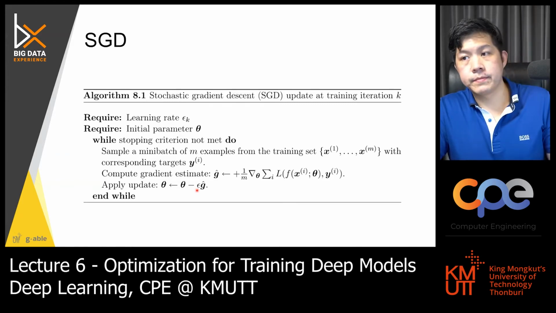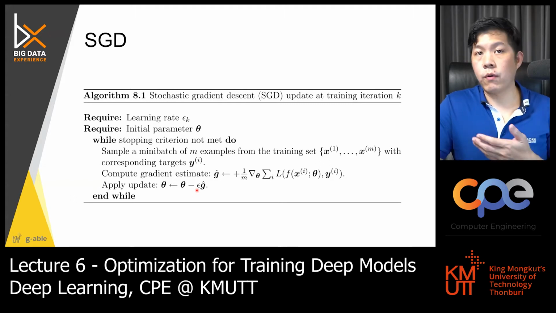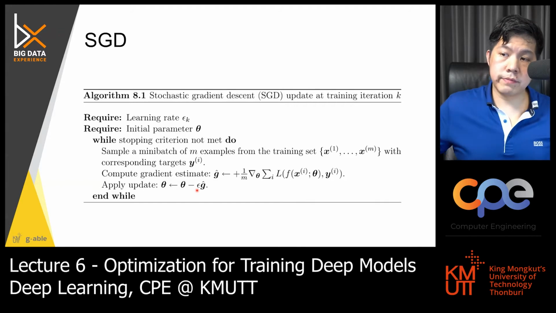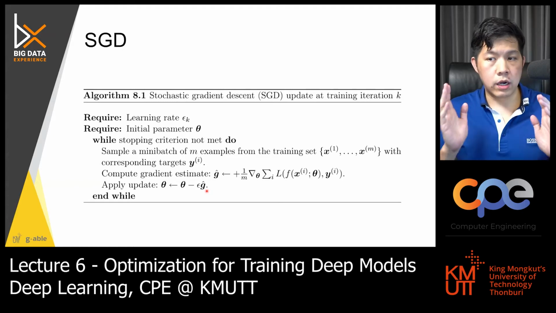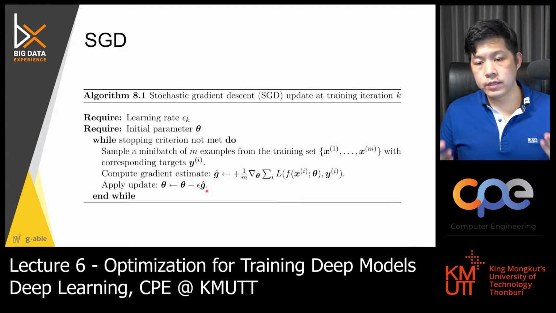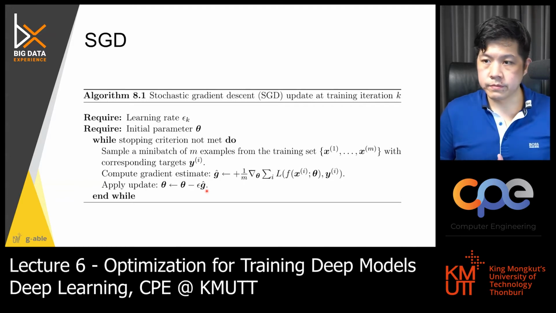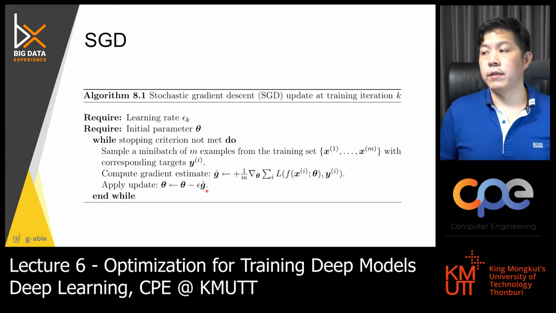It means that if the gradient is large, you are far away, or there is a large change, then the adjustment would be a large step. But if the gradient is small, say if you are close to the target already, or if you are stuck at a certain plateau of the error rate of the loss function, then there might not be any adjustment at all.